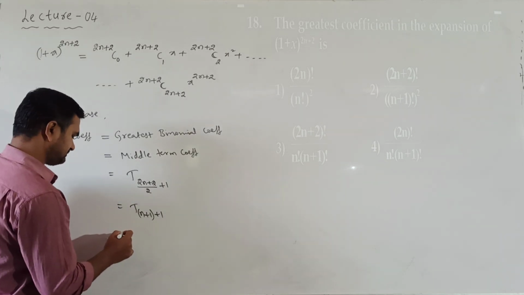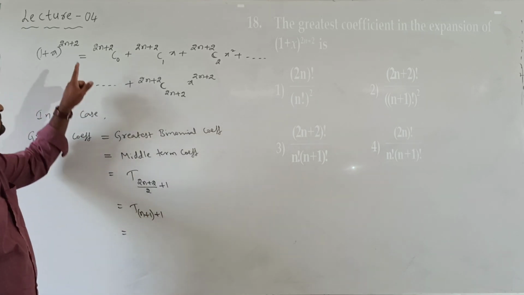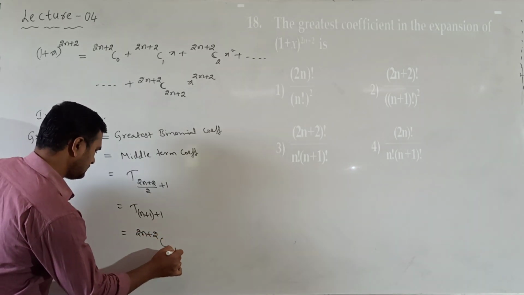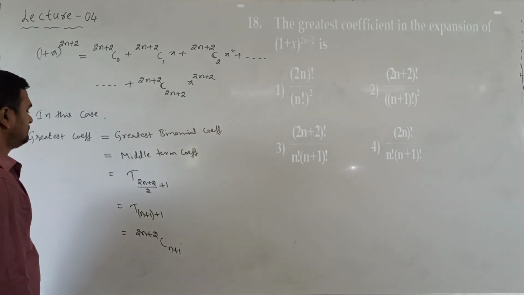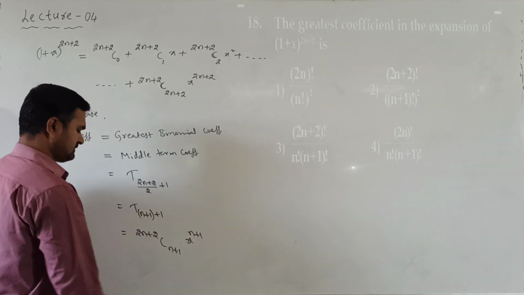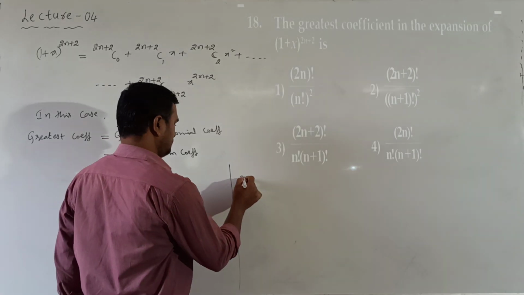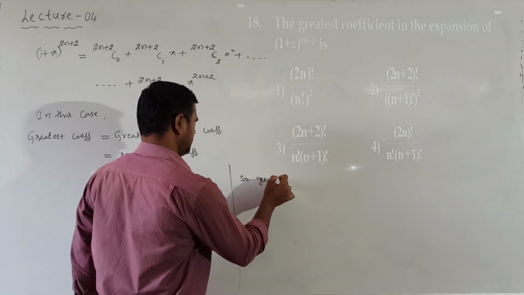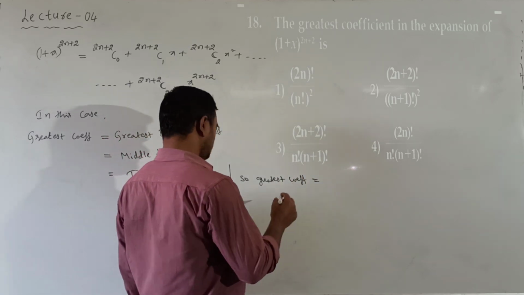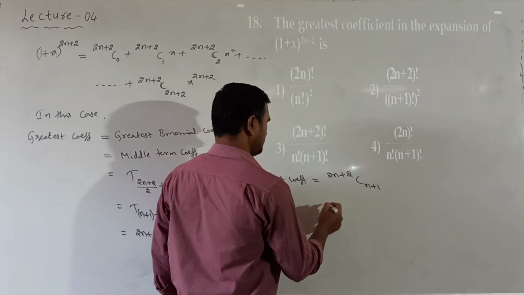So what is the term? T(n+1+1), in this expansion, 2n+2 C(n+1) into x to the power of n+1. So what is the greatest coefficient? The greatest coefficient is 2n+2 C(n+1).